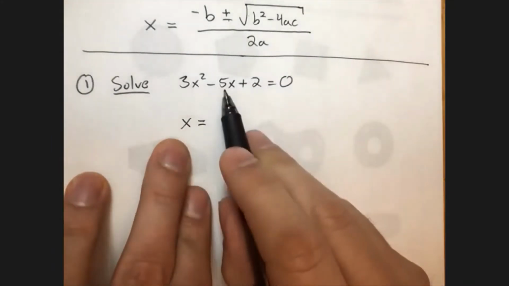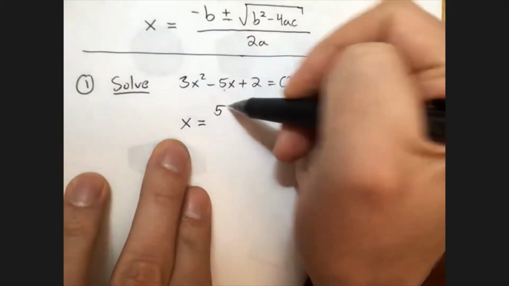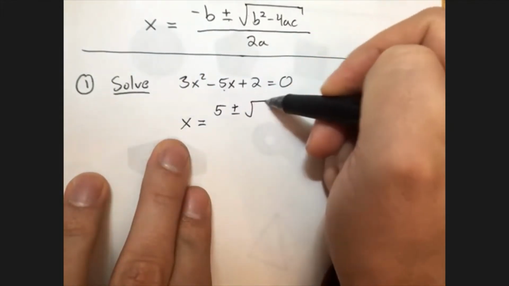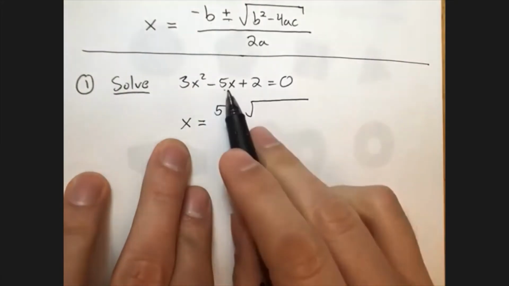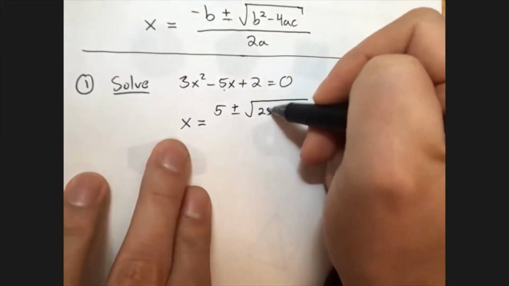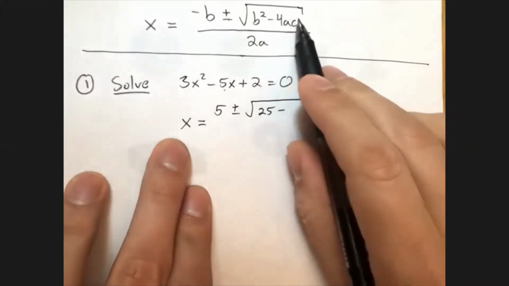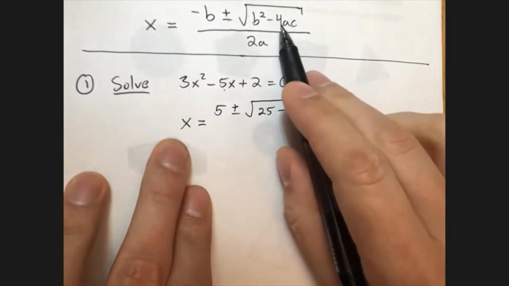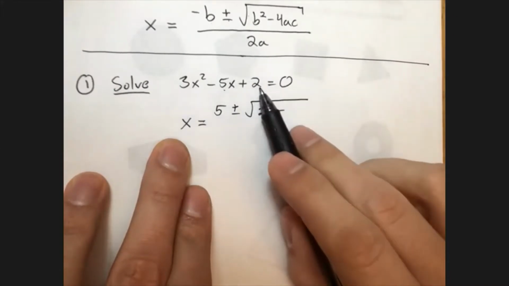B is -5, so -b is +5. B squared, that's -5 squared. It's 25. 4AC, that's 4 times 3 times 2.